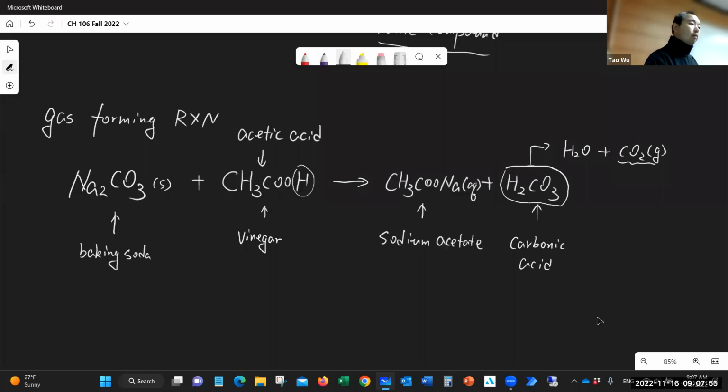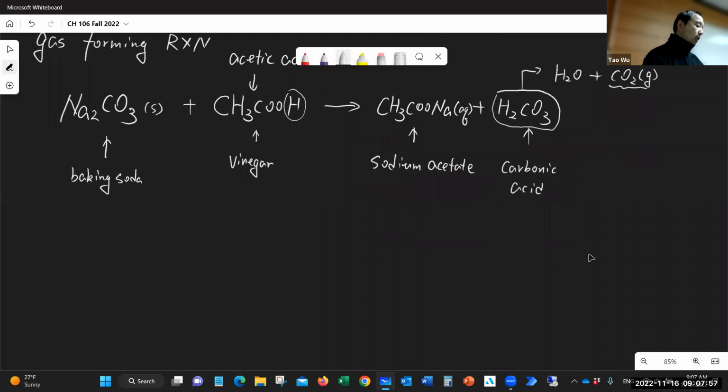So this is one of the gas forming reactions. And there's another. If you put pure sodium metal, a solid, into water, you will see gas coming out.